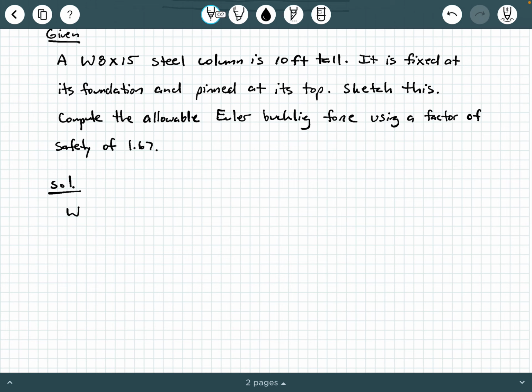For a W8 by 15 steel column, we have the minimum radius of gyration, r sub y, equals 0.876 inches. And we have the cross-section area of 4.44 square inches.